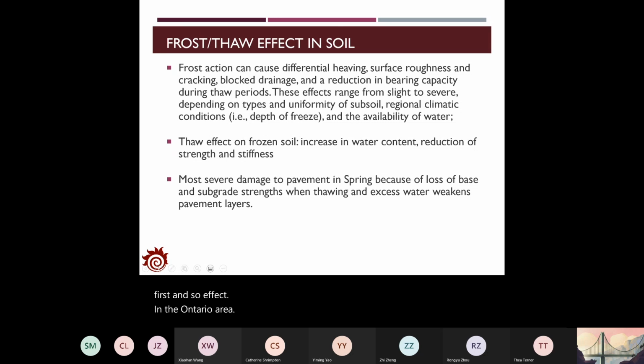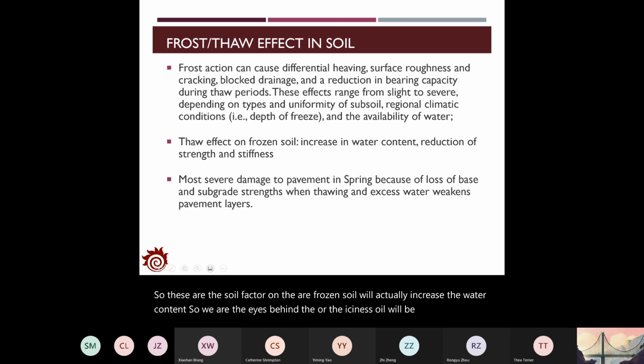So the thaw effect on the frozen soil will actually increase the water contents. The ice in the soil will thaw in the springtime, and it will increase the water contents of the soil, and then reduce the strength and stiffness of the soil. In the winter time, it will probably be fine because you have the ice in the soil, and the ice will be relatively stronger to support the pavement structure.